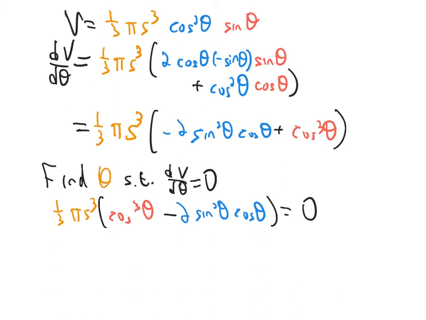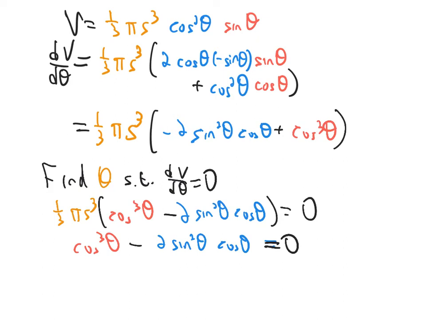The first thing we'll do, of course, is just divide out the constant, and we'll have cosine cubed theta minus 2 sine squared theta cosine theta equals 0. Because a constant is a constant, it's non-zero since S is not 0, and we can divide it out and just get rid of it.